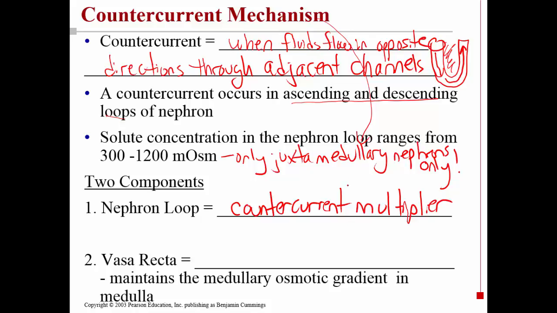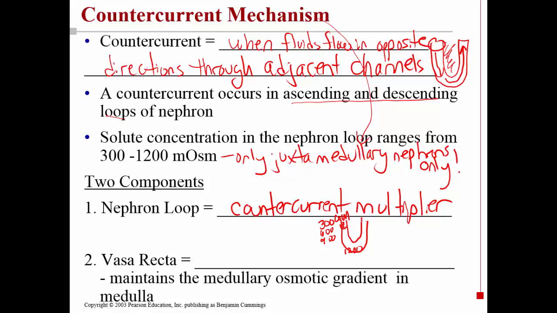And this is because as the filtrate flows through the loop, it starts out at an osmolality of 300. It is isoosmotic with all the other fluids in your body. But as it goes down the descending loop, its concentration increases until by the time it gets to the deepest part of the medulla, it is 1200 milliosmoles.